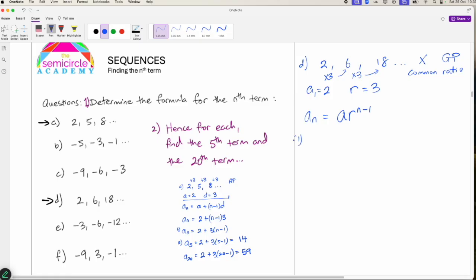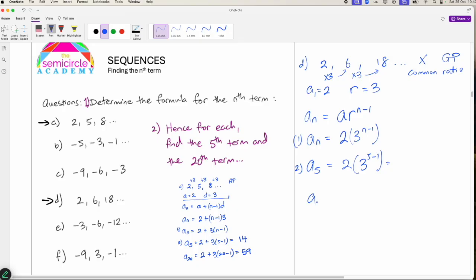So part 1, A is 2, R is 3, so 2 times 3 to the n minus 1 is our formula for this particular sequence. And of course, part 2, the fifth term will be 2 times 3 to the 5 minus 1.